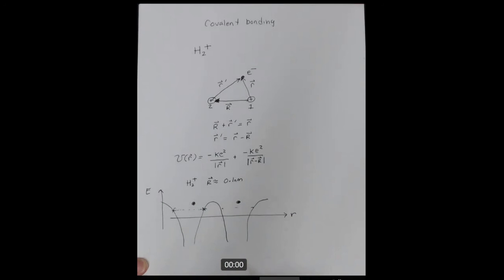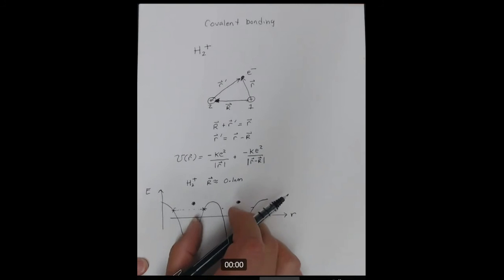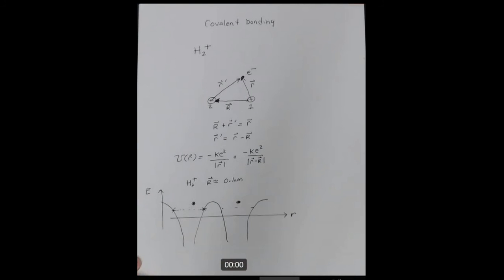So that's the general idea. And the tunneling time for protons for H2+ is on the order of a second. So about every second the electron will go from one side to the other. It's much slower as the protons get farther apart.